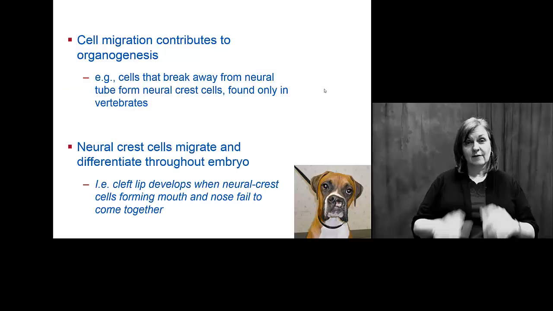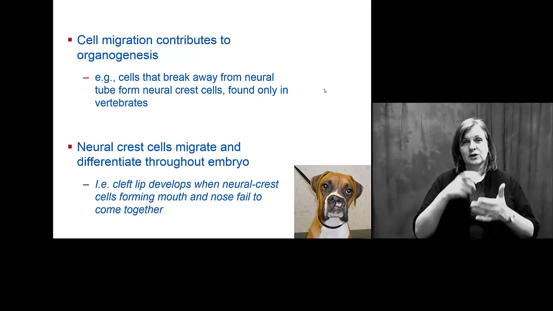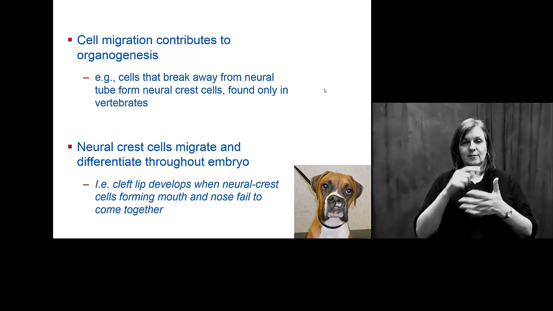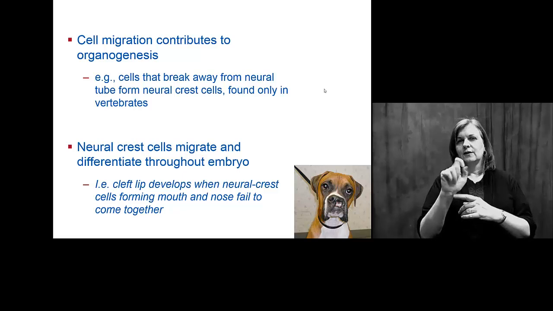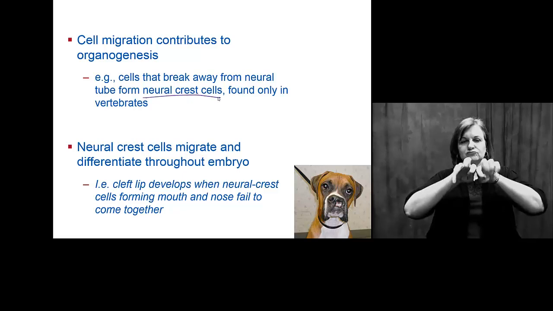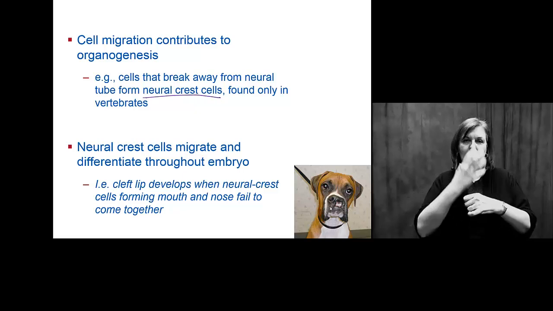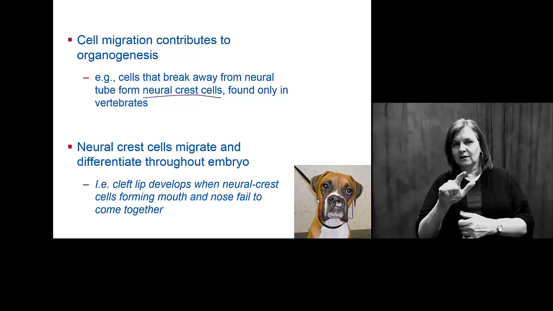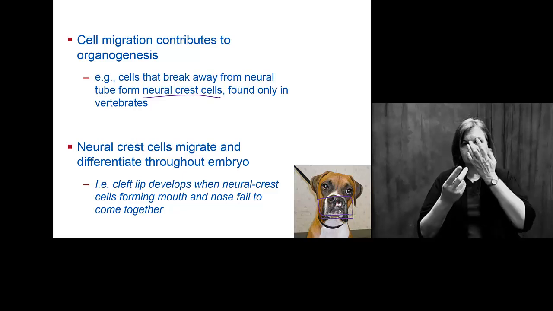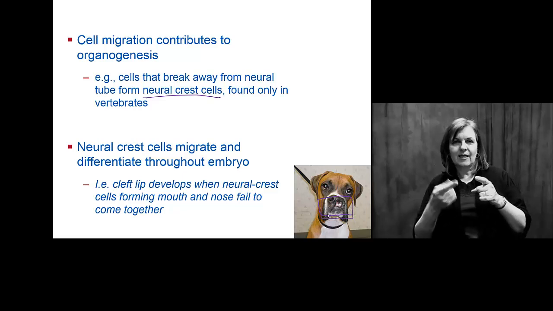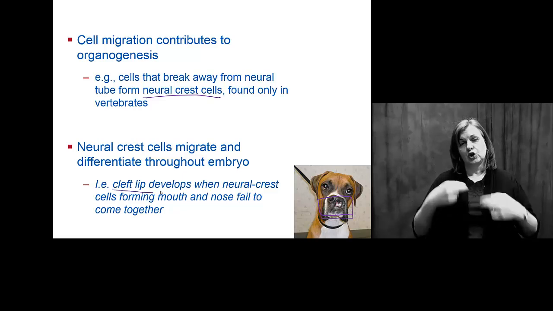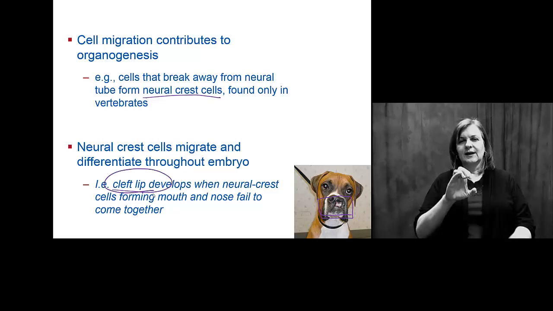And what we see here in our boxer puppy is that those cells, neural crest cells, did not migrate properly. So instead of having a properly formed muzzle in the front, we get a formation of just half the muzzle. In humans, we refer to this as cleft lip.